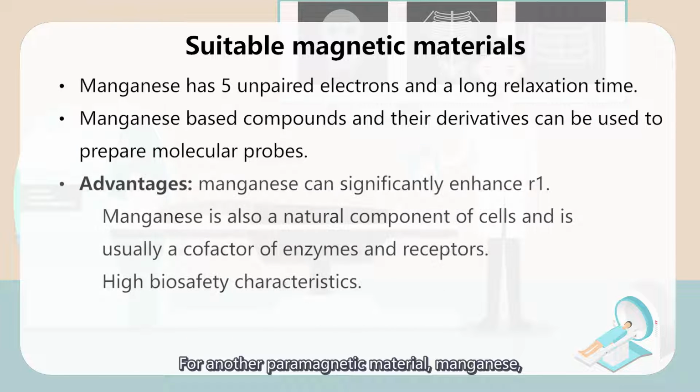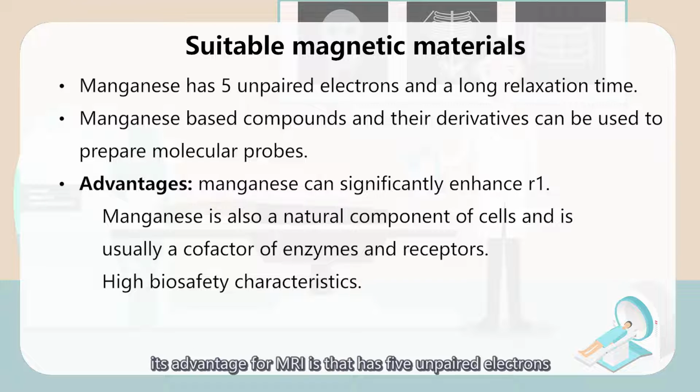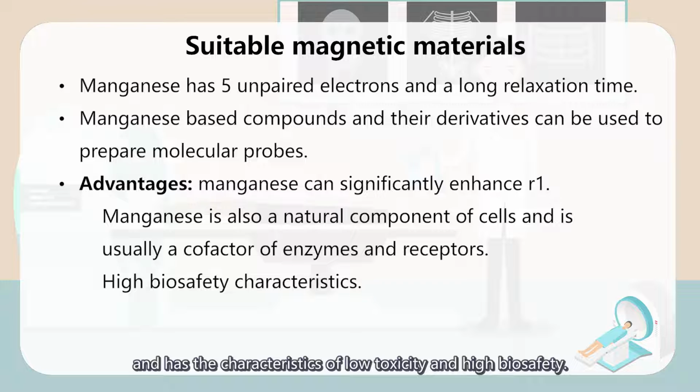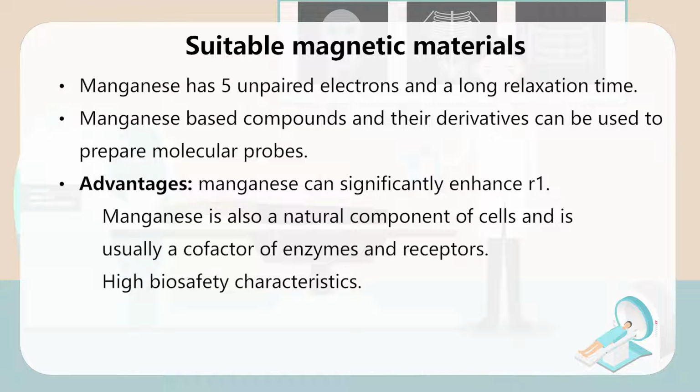For another paramagnetic material, this is manganese. Its advantage for MRI is that it has 5 unpaired electrons and a long relaxation time. It is also a natural component of cells, usually a cofactor of enzymes and receptors, and has the characteristics of low toxicity and high specificity.